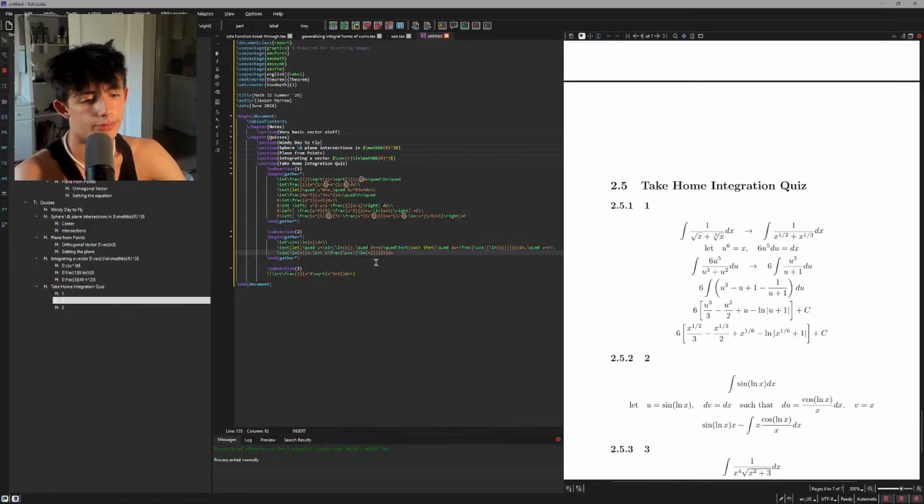What? Okay, this has got to be some algebraic thing, because that's the sine of the natural log of x, and then I can just rewrite this without the fraction.